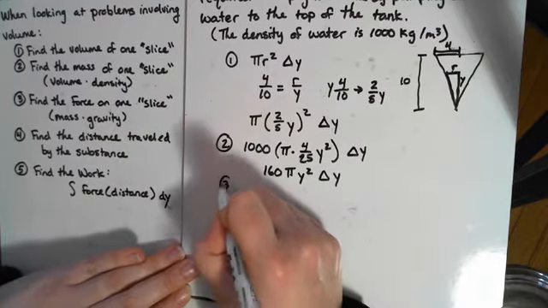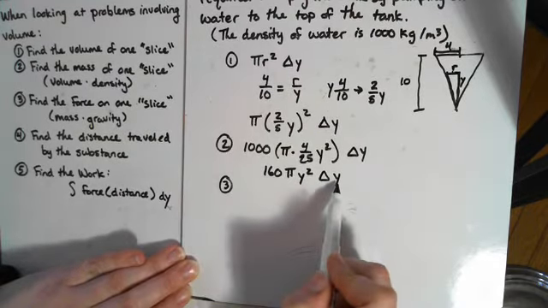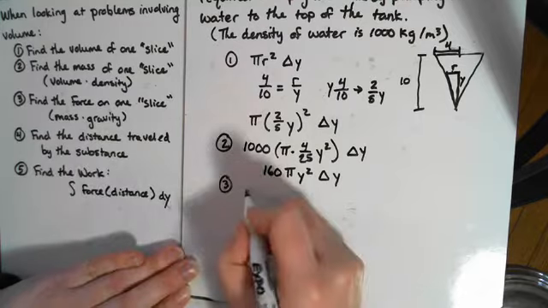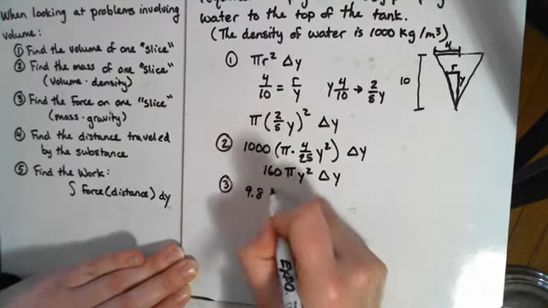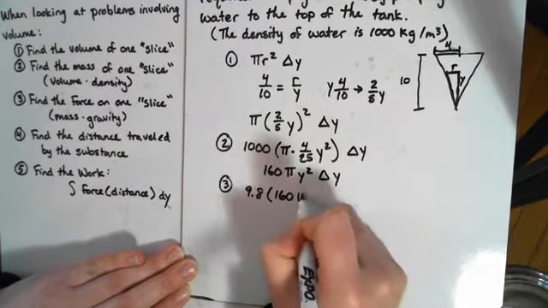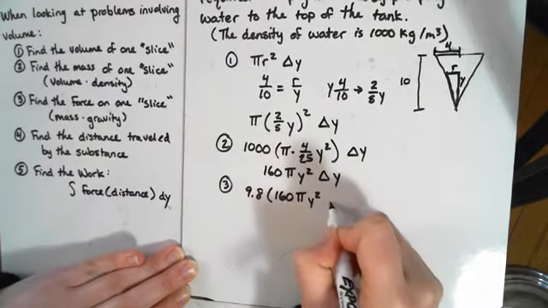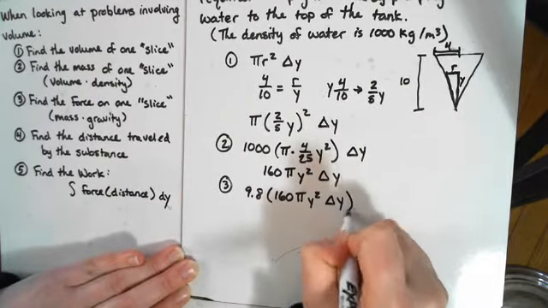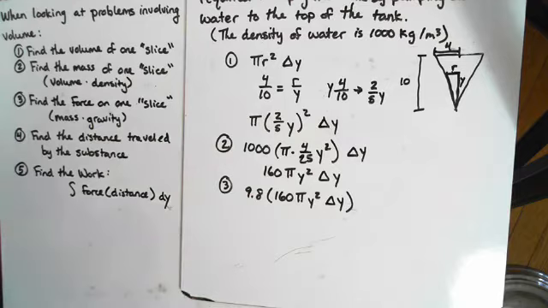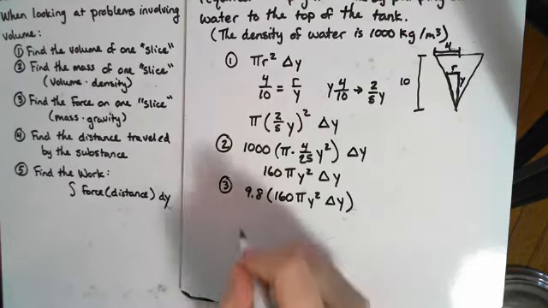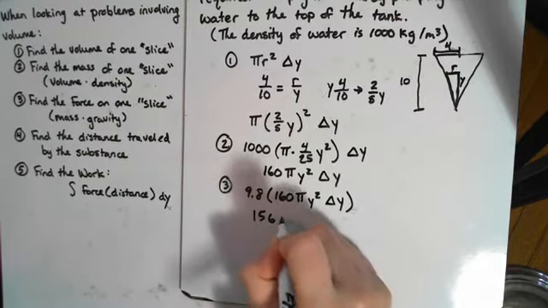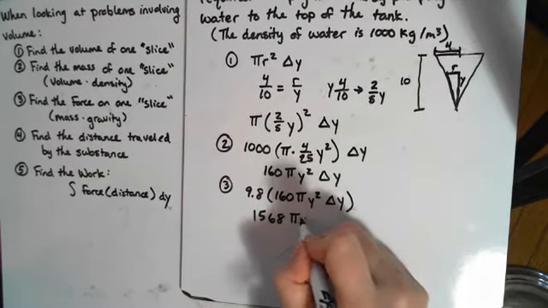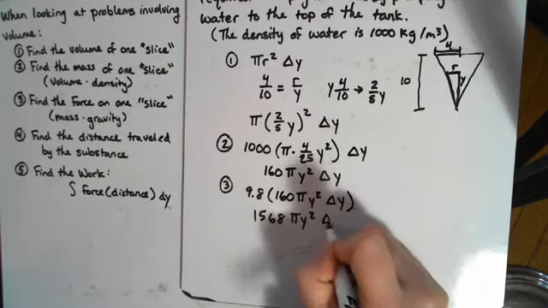So step 3, I have to take this and multiply by the gravity constant, 9.8. So 9.8 times 160 pi y squared delta y. Simplifying that, 9.8 times 160 is 1568 pi y squared delta y.